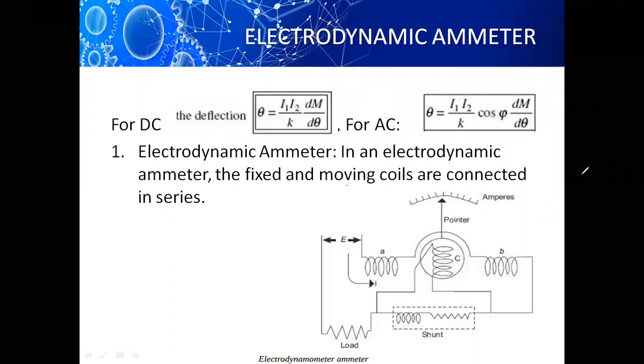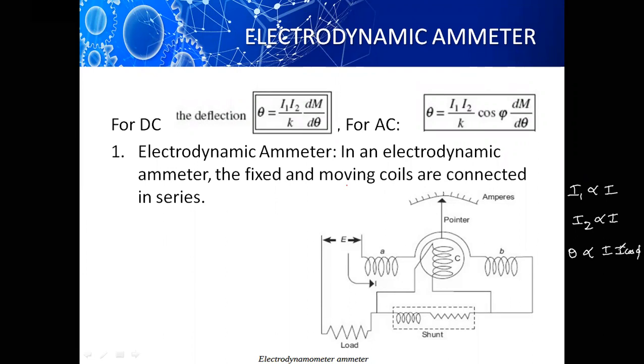I1 is proportional to the input current, and I2 is also proportional to the input current. So the angle of deflection is proportional to I into I cos phi.